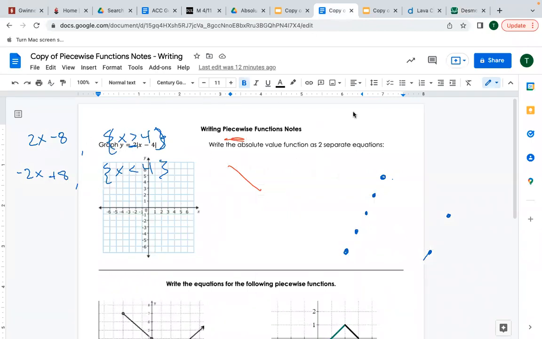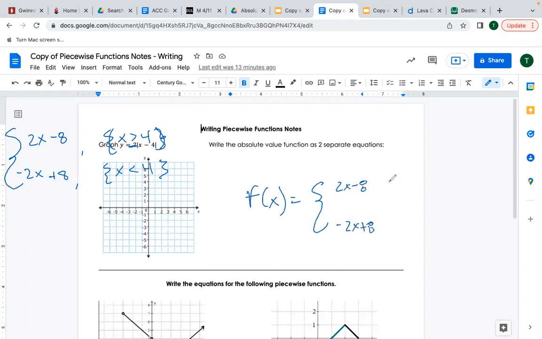What happens normally with piecewise functions is they're written out with this big bracket. So you'll see f of x equals this bracket, and then they'll write out all this information. And they have to include this x is greater than or equal to 4, x is less than 4. If they don't include that, then it's not a complete piecewise function.